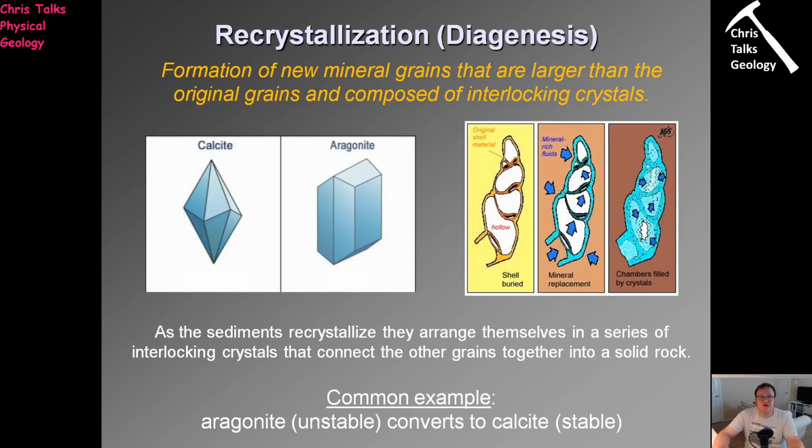So what about recrystallization or diagenesis? Well, this is the process by which we take the original minerals and we turn them into a new mineral. So the obvious question is, why does that happen? Well, typically minerals that make up things like shells will be stable at the conditions in which the animal grows. So let's think of an oyster.